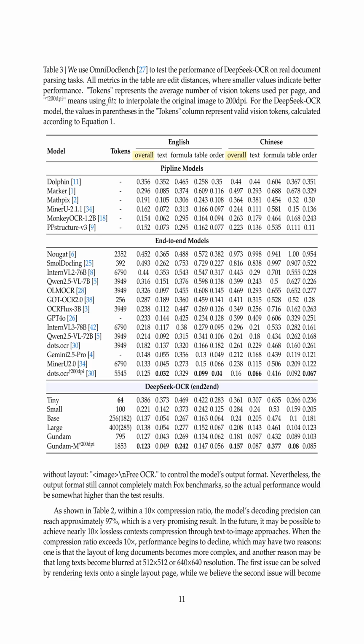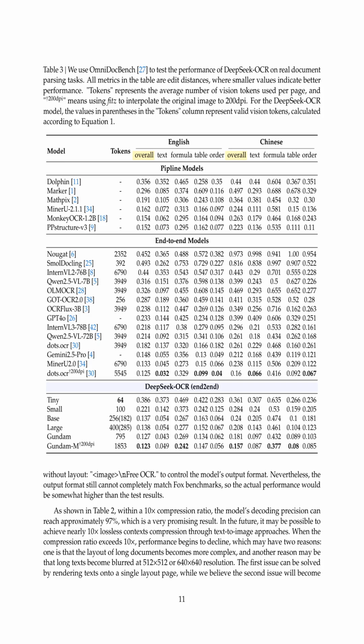End-to-end models. Nougat, 2352 tokens, 0.452, 0.365, 0.488, 0.572, 0.382, 1.973, 1.998, 1.941, 1.00, 1.954.